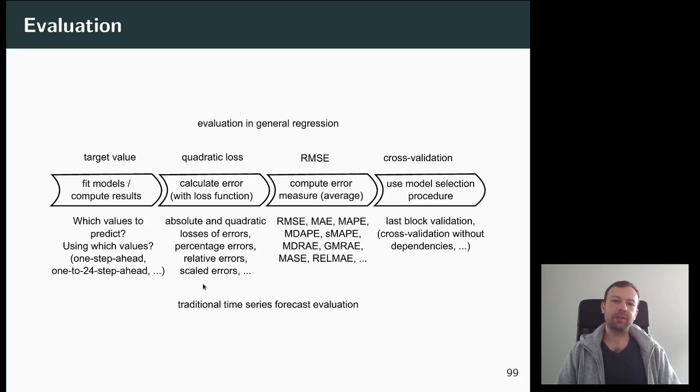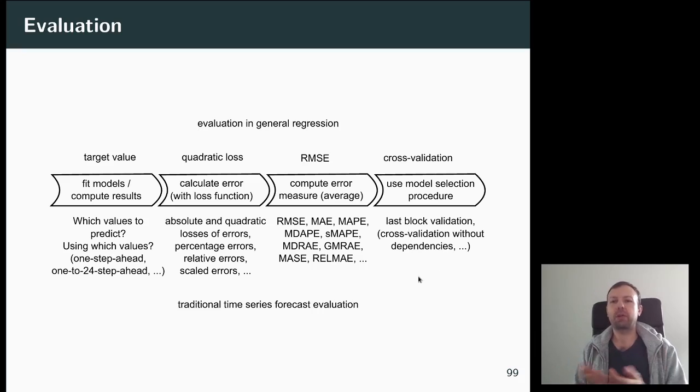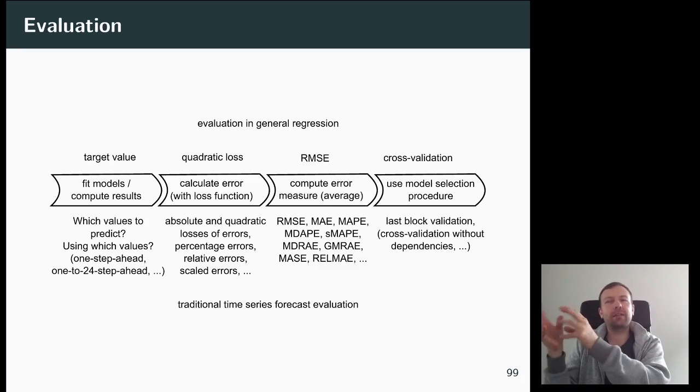Because errors in forecasting are often not normally distributed, people would calculate all sorts of other errors: absolute errors, quadratic losses, percentage errors, relative errors, scaled errors, and then you can obviously do means and medians and geometric means and so on of all of those. And then instead of cross-validation, people usually do out-of-sample evaluation, last block evaluation, where you just say, okay, I train on, let's say, 2 years, and the last year of data, I just withhold that and do some testing on it.